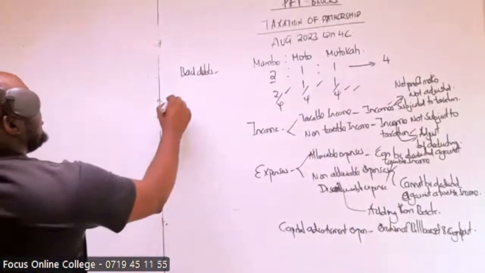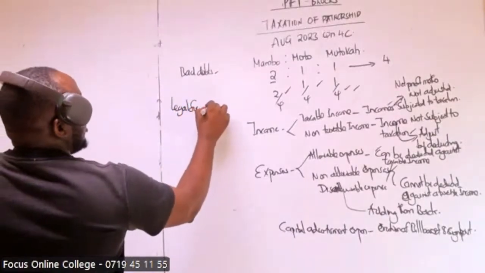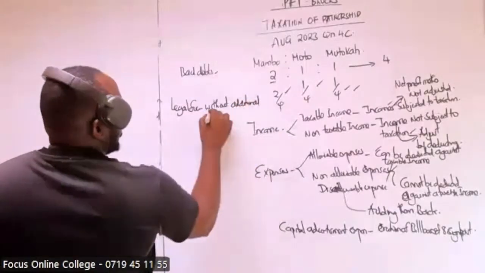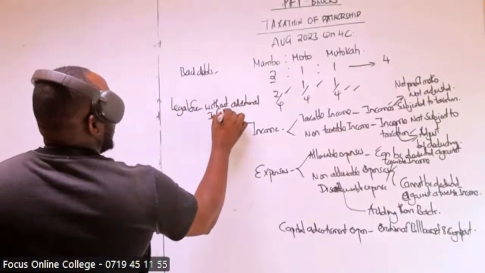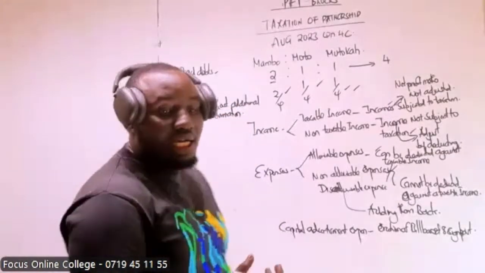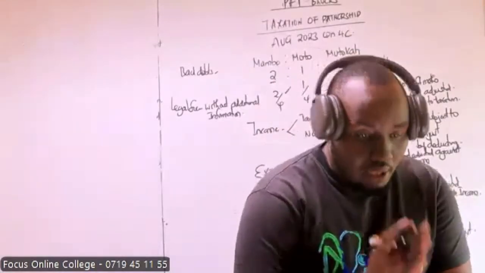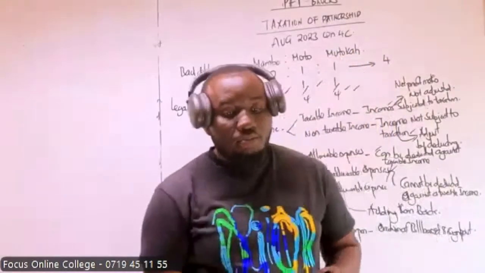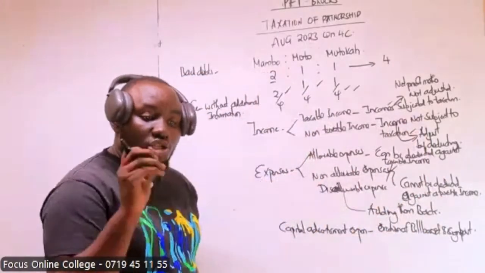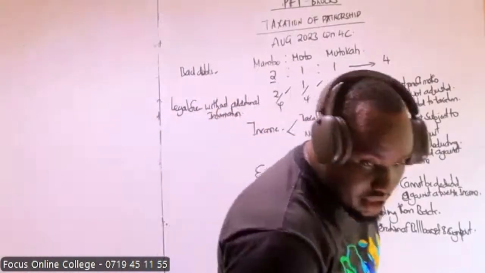If you are told legal fees and there is no additional information, that is outrightly an allowable legal fee. Tuko pamoja. So if you have an exam and you're given a legal fee in the income statement and there's no additional information, then we are going to treat it as allowable expense. Are we together?